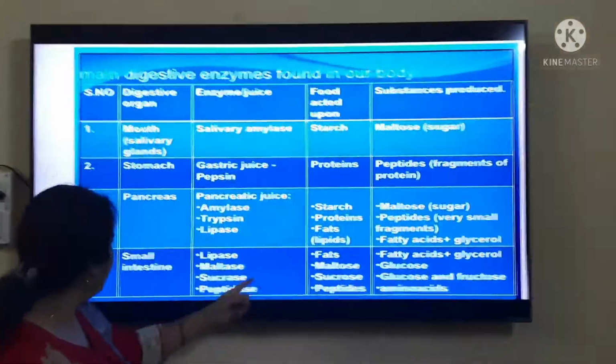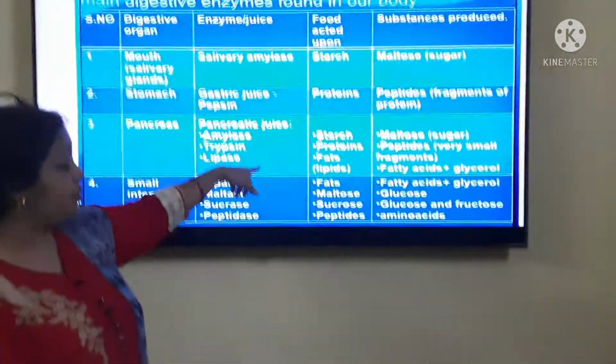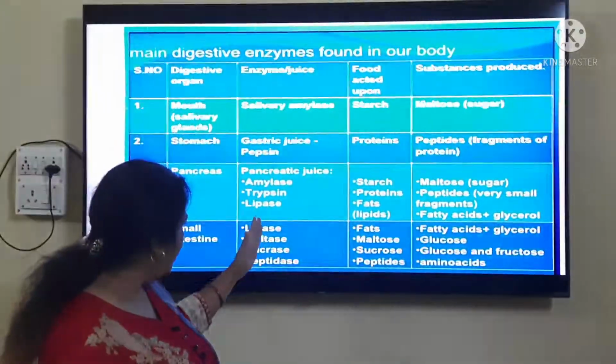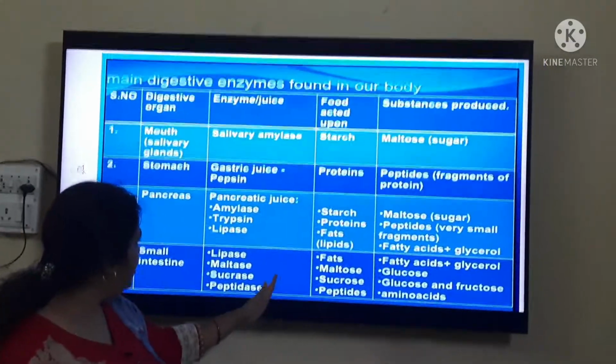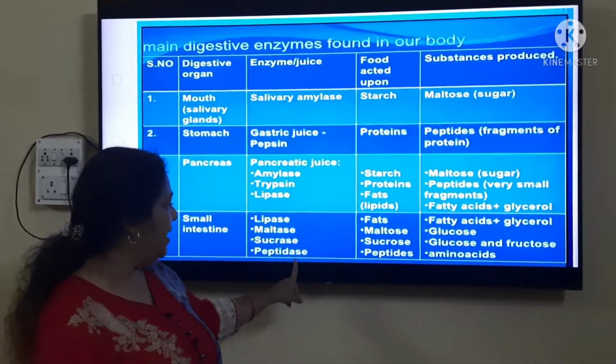So what next is going to happen in the small intestine? This was the pancreas juice, which was in the beginning of the intestine. Later on, slowly, the small intestine is also secreting lipase, maltase, sucrase and peptidase.